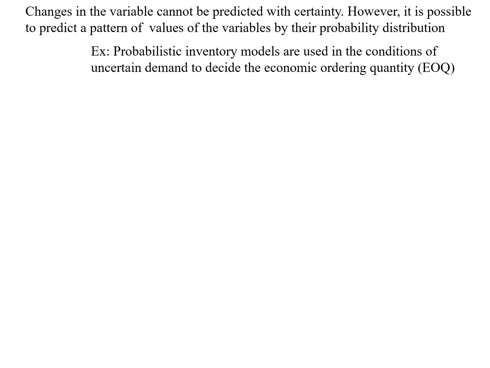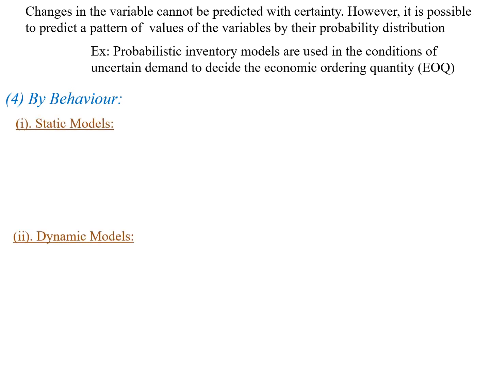However, it is possible to predict a pattern of values of the variables by their probability distribution. An example is the probabilistic inventory models, which are used in conditions of uncertain demand to decide the economic order quantity.